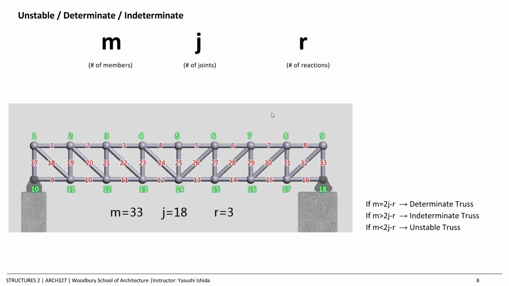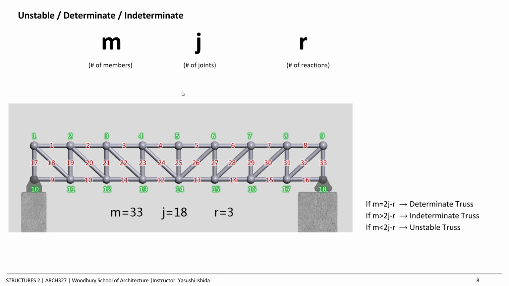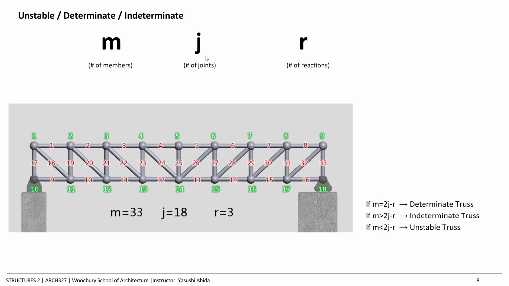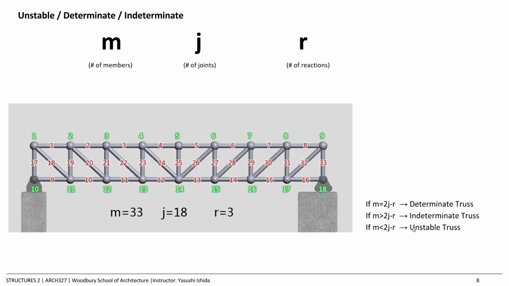What's important is the unstable one. Know that pretty much all of the trusses that we're going to see in the problems and will be analyzing are determinate. With m members, j joints and r reactions, if m is less than 2j minus r, that means it's unstable, meaning that truss could deform under certain loading.